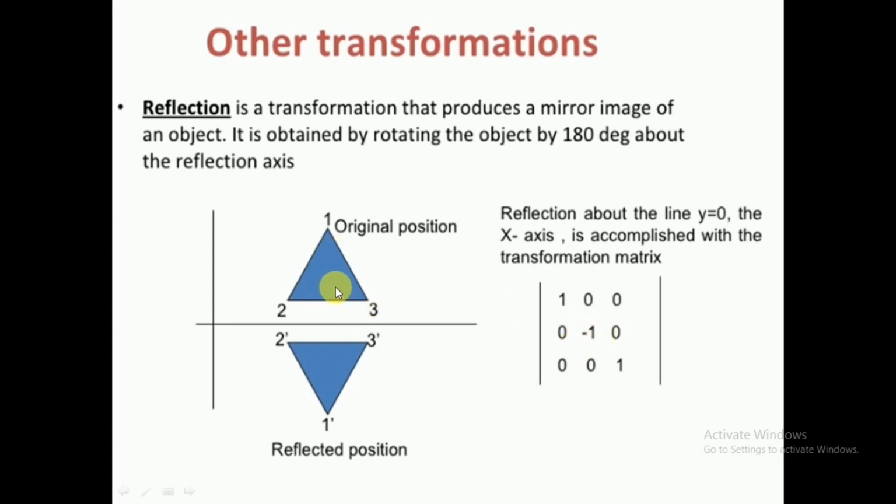If y is plus 1 on the plus side, then y will become minus. Anyway, there is no z because this is 2D, in a homogeneous coordinate system. X remains the same, only y changes. If y is positive, then y will become negative. So this is reflection about the line y equal to 0.